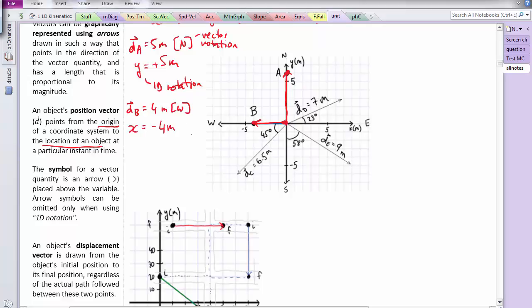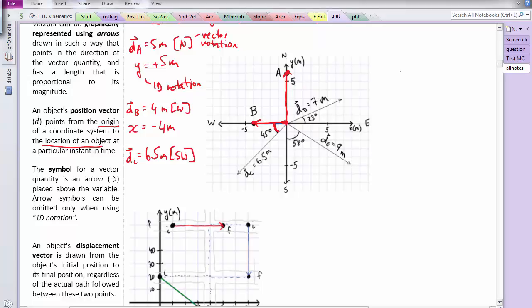Again, that's 1D notation. Now, 1D notation doesn't work for vector C because it's not in 1D. In this case, because it's at a 45-degree angle, we're kind of lucky that this is 6.5 meters southwest. So we can express that vector in that way. We can't use 1D notation here because it's not one dimension.